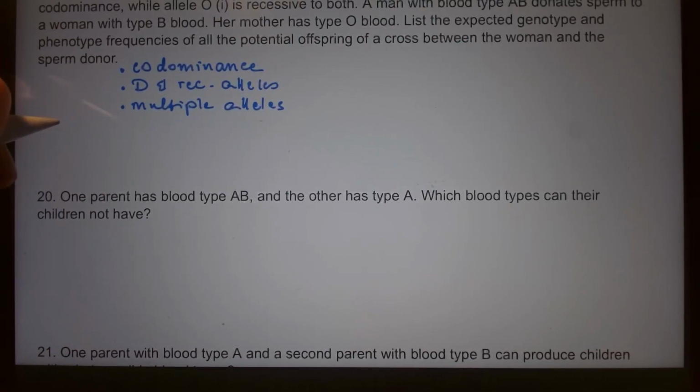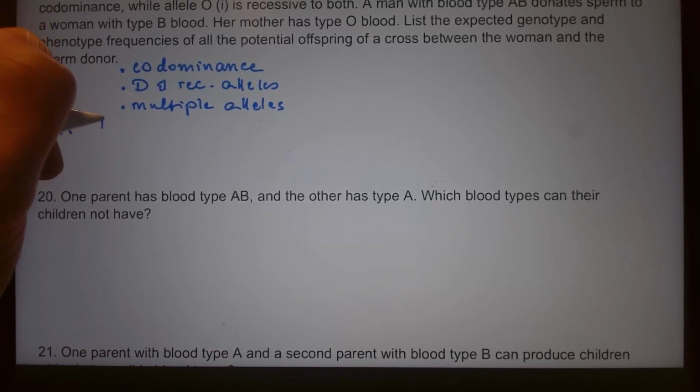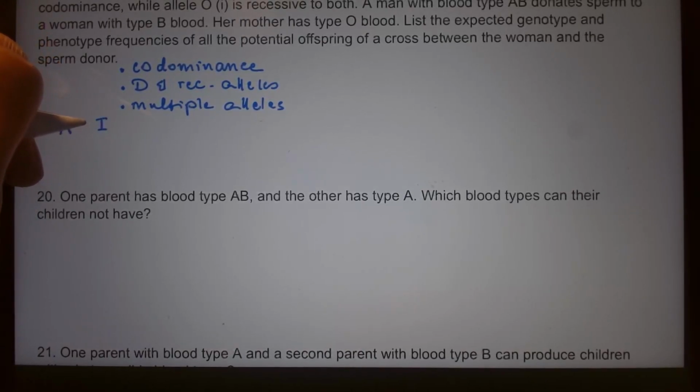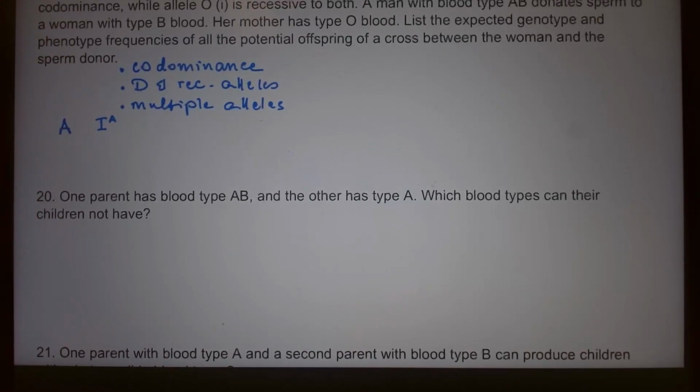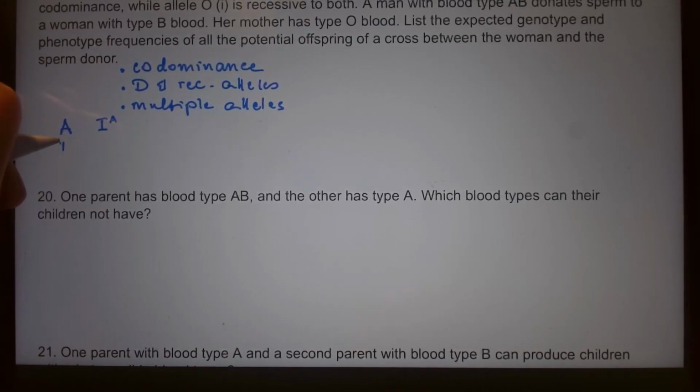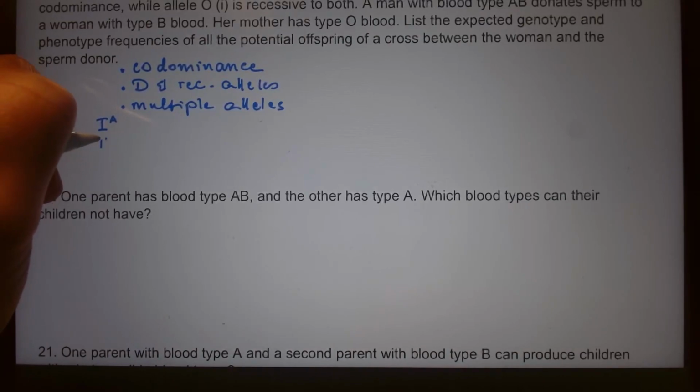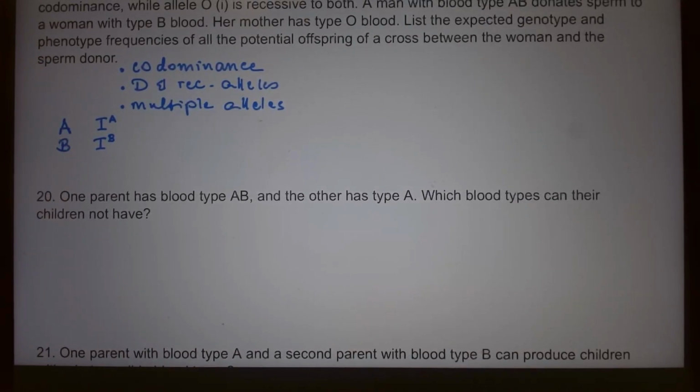the alleles can be the A allele for blood type, and we shorthand write it with a capital I because it's dominant, and we put a superscript A. This is the allele for A. The B allele is capital I with a superscript capital B, which shows that they are codominant, both of them can be present on the red blood cell.